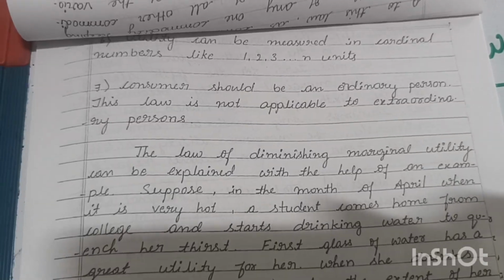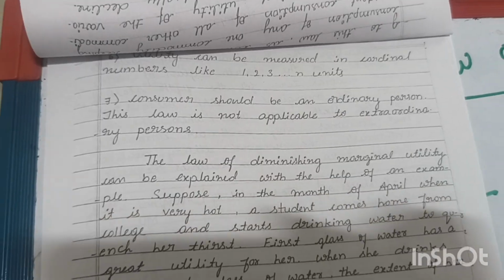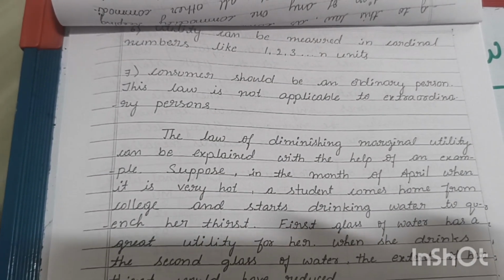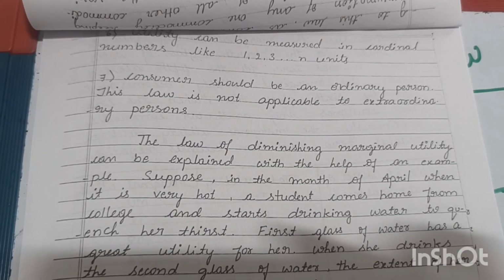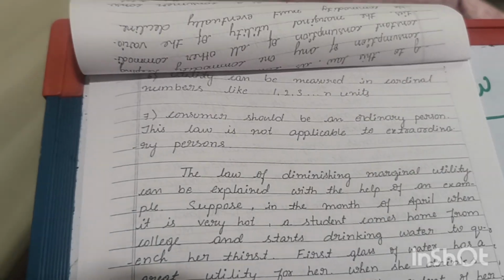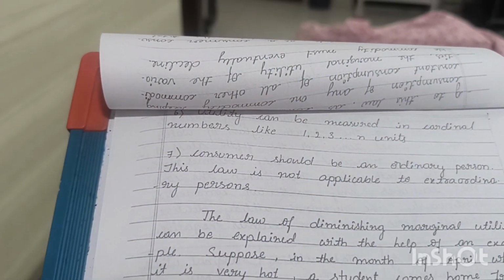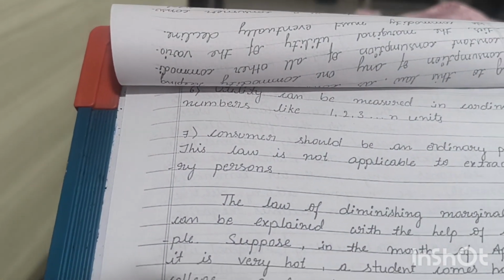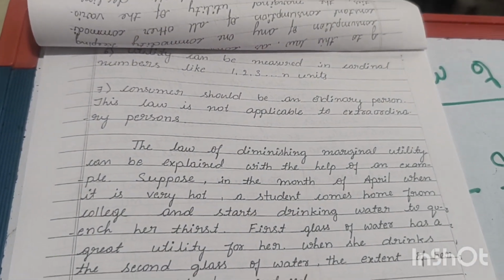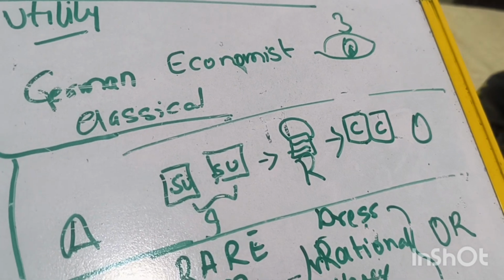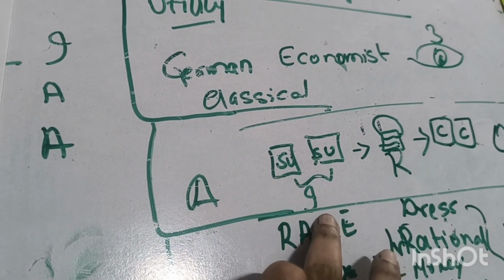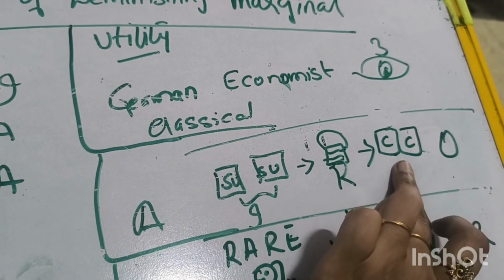These are all the points. Then we go to the next point, that utility can be measured in cardinal numbers like 1, 2, 3, etc. And then the consumer should be an ordinary person. This is very important. The consumer should be an ordinary person. This law is not applicable for extraordinary persons. So you can take this keyword: standard unit, identical, and rational.